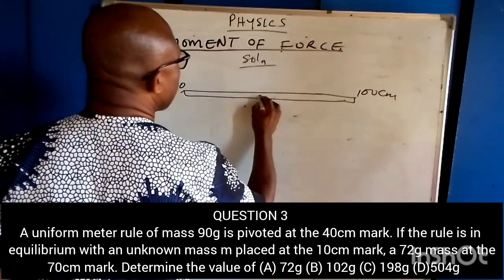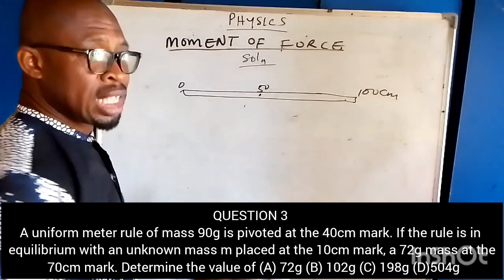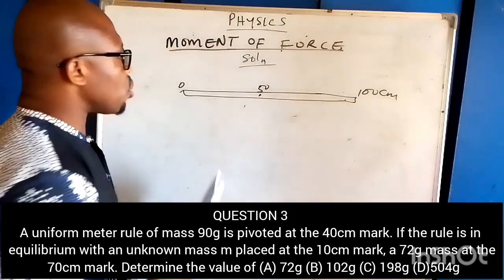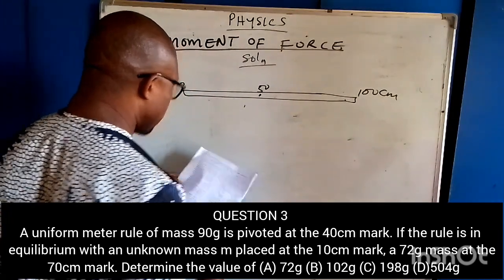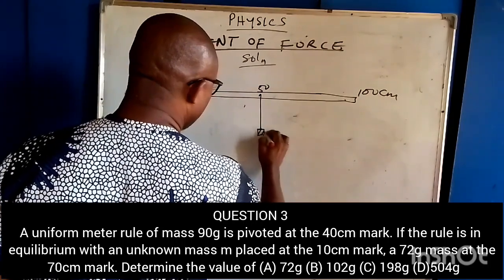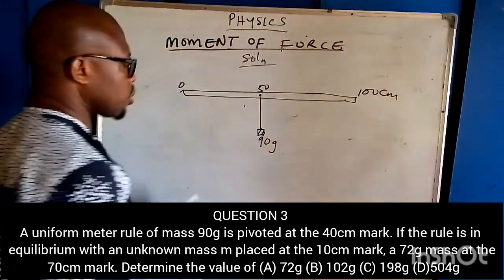At the midpoint is where the mass of the meter rule will act. Here we are given the value of the mass of the meter rule. They said the mass of the meter rule is 90 grams. So here we put the value of the meter rule, 90 grams.